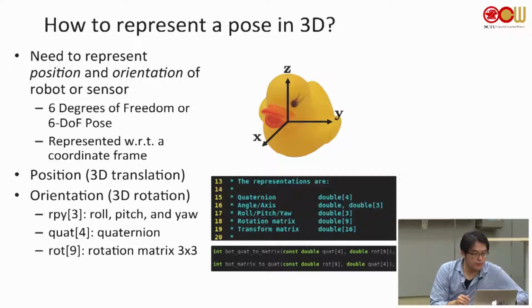Essentially, in 3D it's very straightforward. We will have the position X, Y, and Z, and we have the orientation. For 3D orientation, there are a few ways to represent it. The first one is called roll, pitch, and yaw.